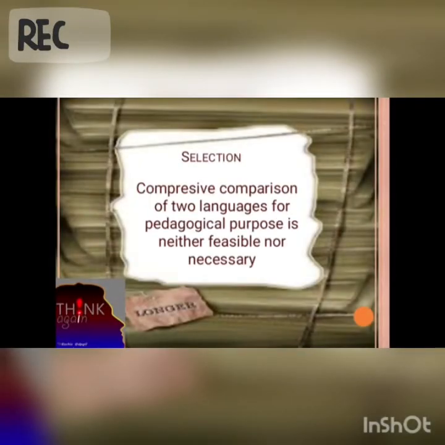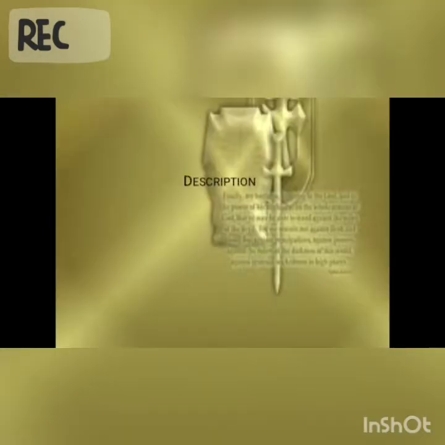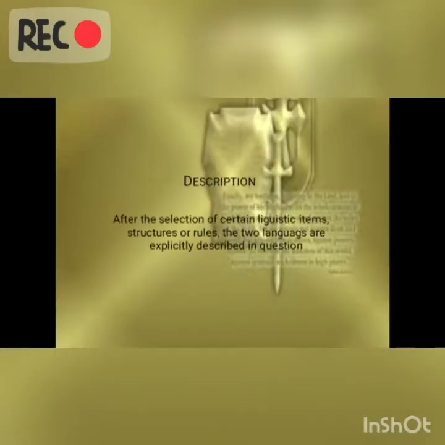Second is description. After the selection of certain linguistic items, structures or rules, the two languages are explicitly described in equations. Scientific parallel descriptions of the two languages have always been the core of contrastive analysis.